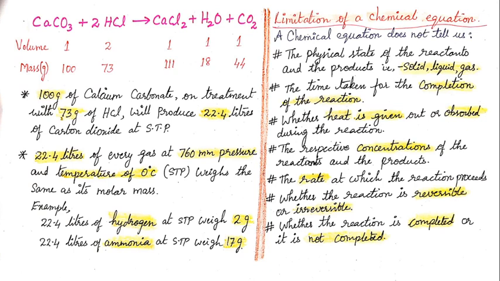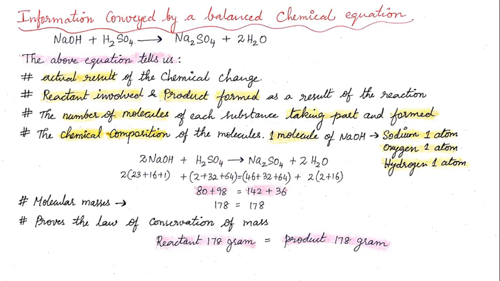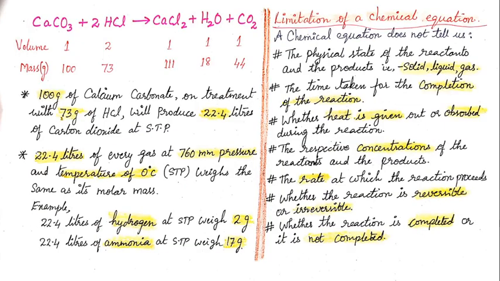So in this, we'll have an equation. The equation is calcium carbonate plus hydrochloric acid gives calcium chloride plus water plus carbon dioxide.